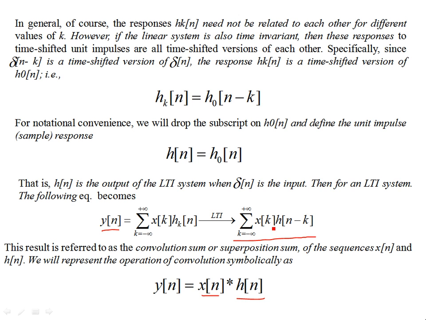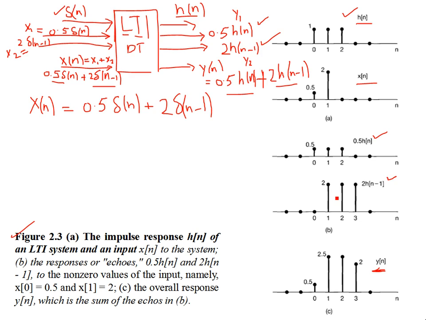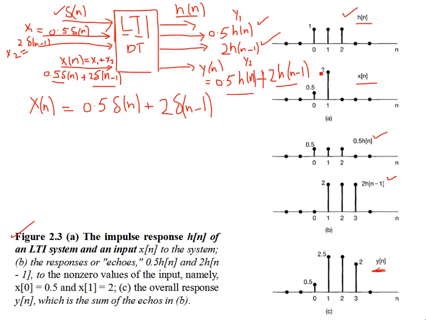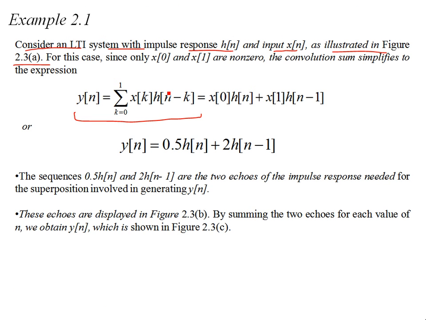If you use the mathematical formulation instead of the graphical approach, the first thing you note is that x consists of two non-zero samples, at 0 and 1, otherwise it's 0. So you have to modify the limits, because we don't have x of minus 1 or x of 2. So k is going to vary from 0 to 1.